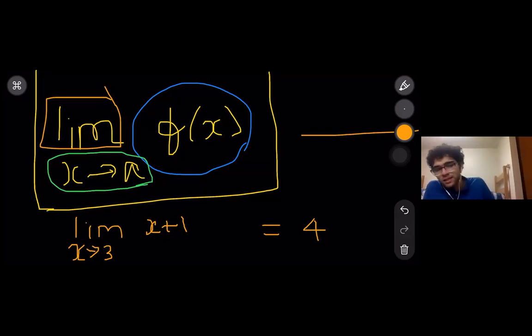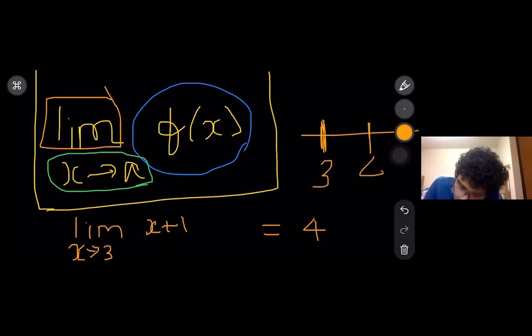So this equation, limit x tends to 3, x plus 1 equals 4, implies that on this number line, if you define a point to be 3, when you get closer and closer and closer to that point, and you jump one step ahead, you will get closer and closer to 4. So as I approach 3, now I'm waiting for a question from somebody here, but let's see if somebody will ask that question.